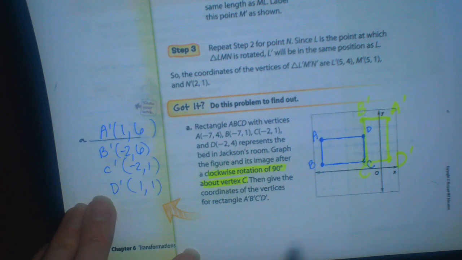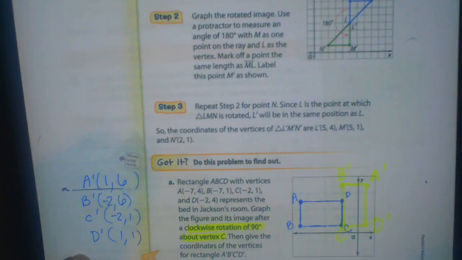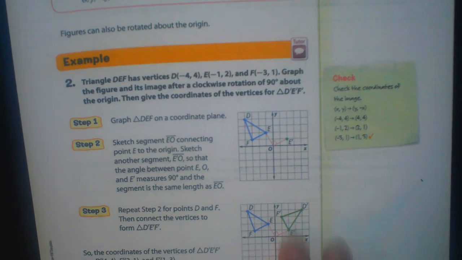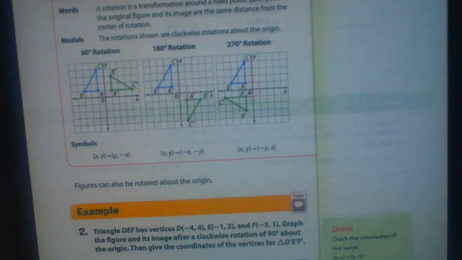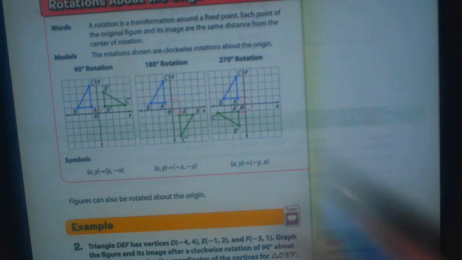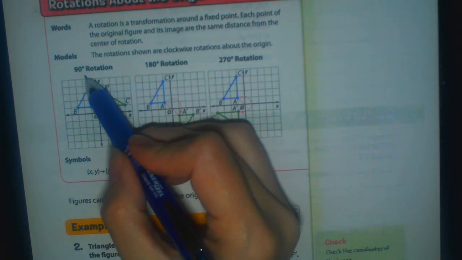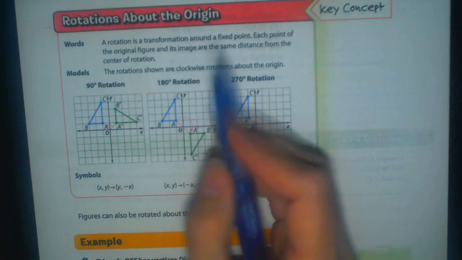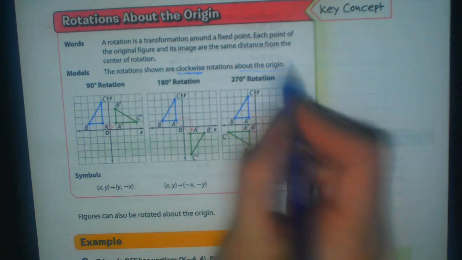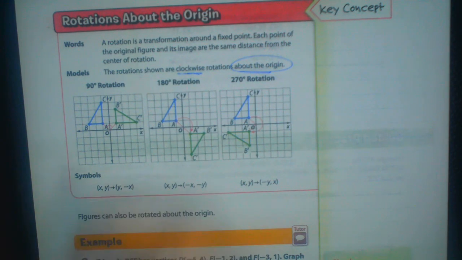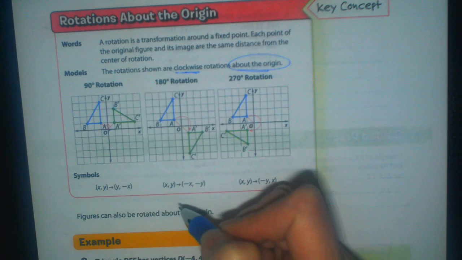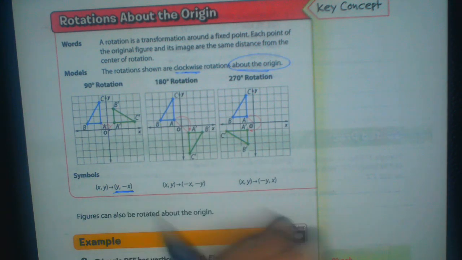Okay. Now, of course, you're not going to always have parchment paper, especially at home. You probably don't have that. So we're going to use the rules to help us figure out where our points will be. If you are turning 90 degrees clockwise about the origin, and the origin, remember, is 0, 0, then this is going to be your symbol.